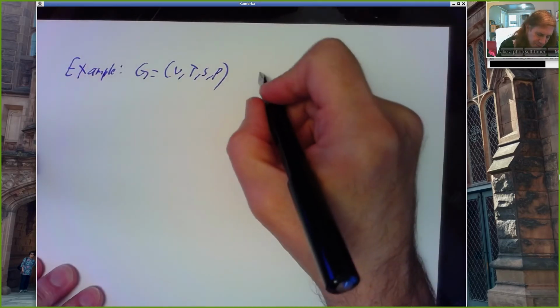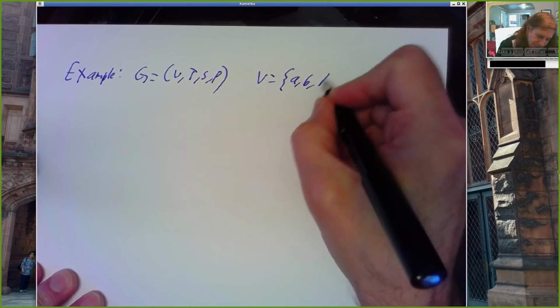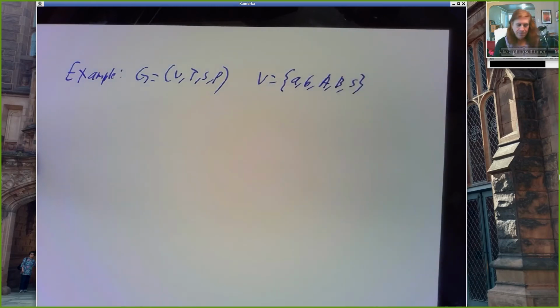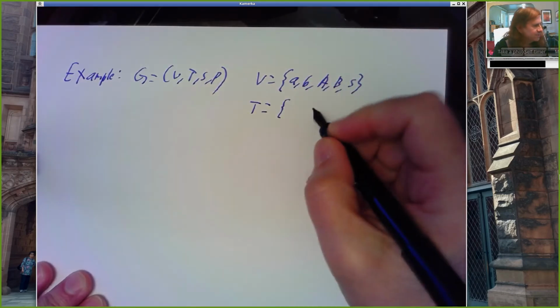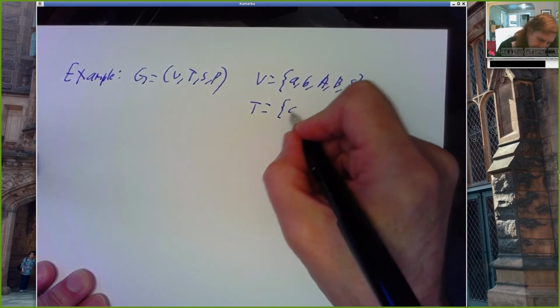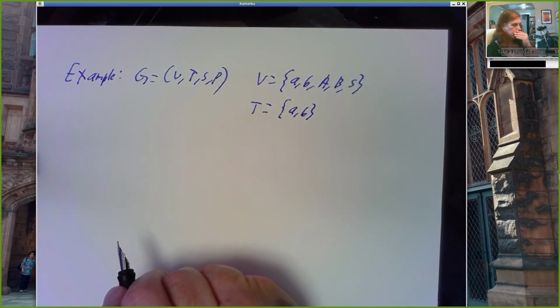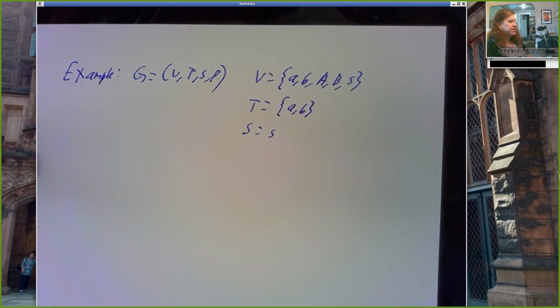So our grammar is this four-tuple. Let's suppose our vocabulary consists of the following symbols: lowercase a, lowercase b, uppercase A, uppercase B, and lowercase s. Our terminal symbols are lowercase a and lowercase b. Our start symbol is going to be lowercase s.